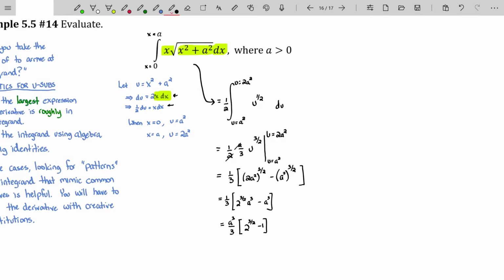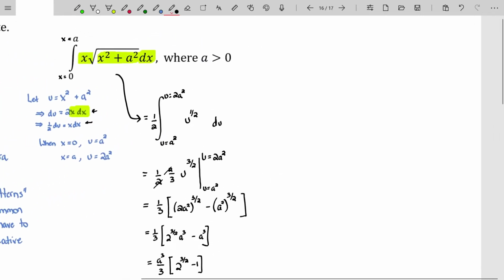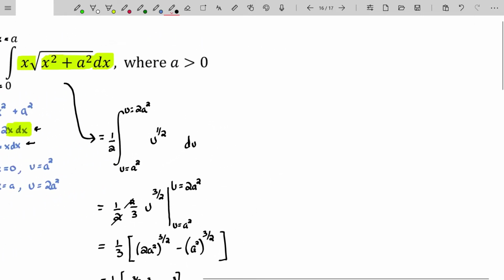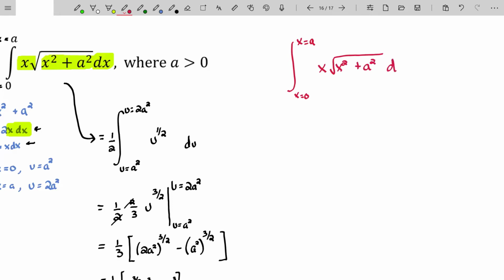But before I do, I promised that I would show you what I was talking about when I said some instructors allow students to not change limits. So let me go ahead off to the side. Now, this is a very dangerous thing because it leads to a lot of mistakes, but our original integral went from x equals 0 to x equals a, and we had x times the square root of x squared plus a squared dx.